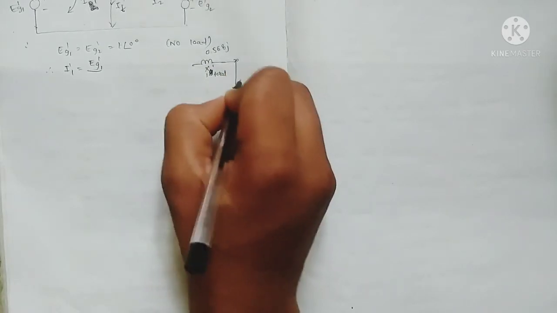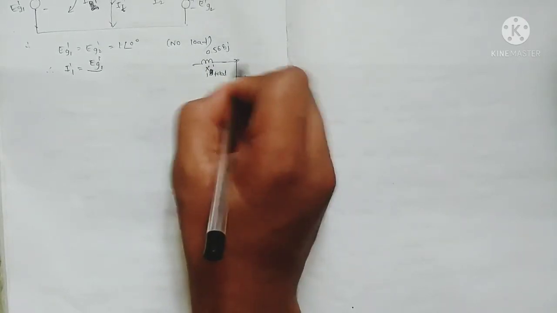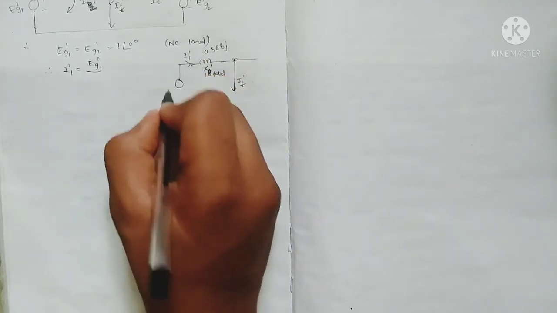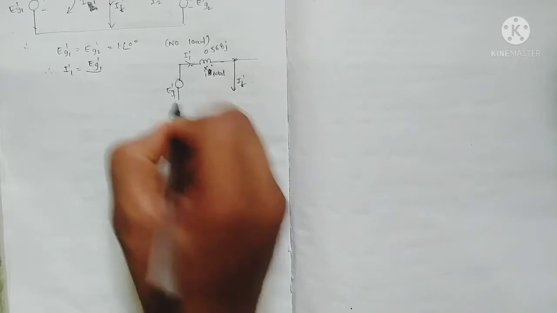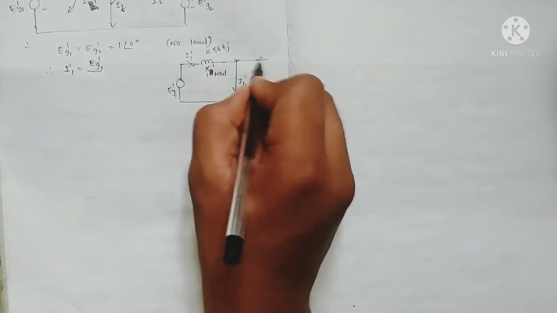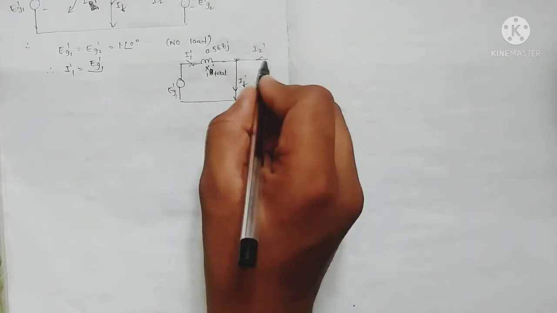This is the fault occurrence. This is If dash. This is I1 current entering, this is Eg dash. This is the fault current, and the I2 current is entering here.